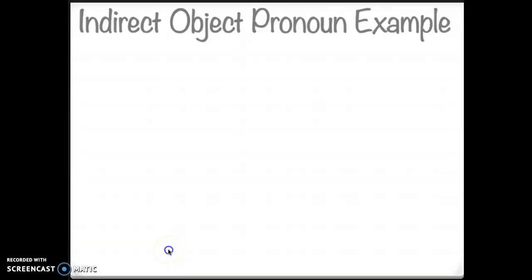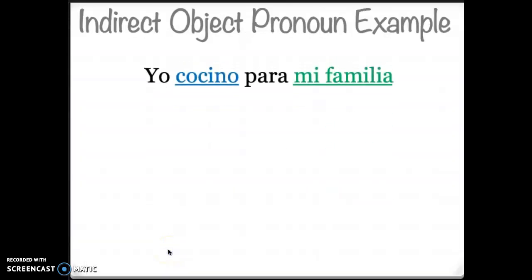Let's take a look at an example. Yo cocino para mi familia. I cook for my family. Cocino is the verb. Mi familia is the indirect object. Who are you cooking for? Your family. Okay?